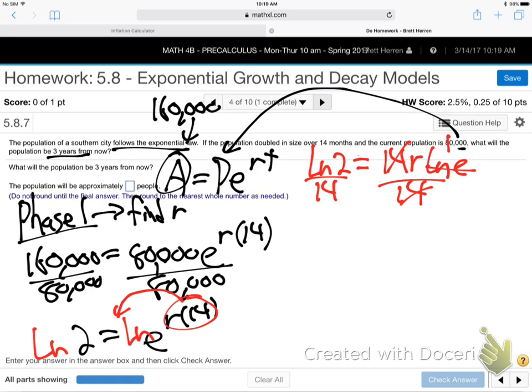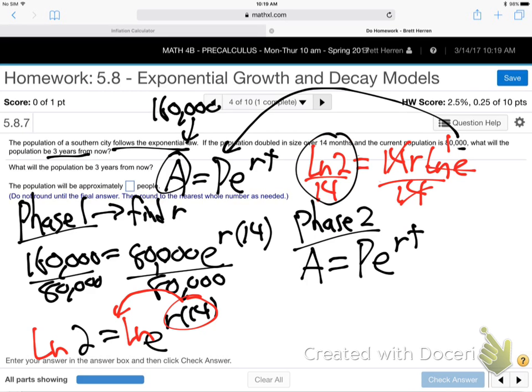Okay, phase 2 now. Phase 2, we're going to use the PERT formula yet again. This time we know the R. See how this always works? Phase 1, we get our hands on R. Phase 2, we start again. Now we put in the R. Now we put in the P. P's 80,000.